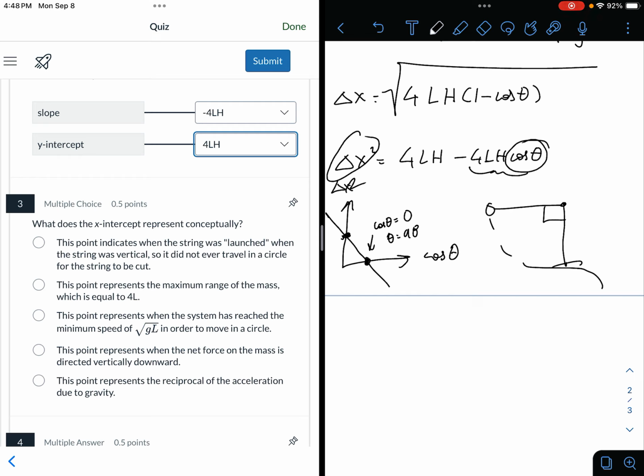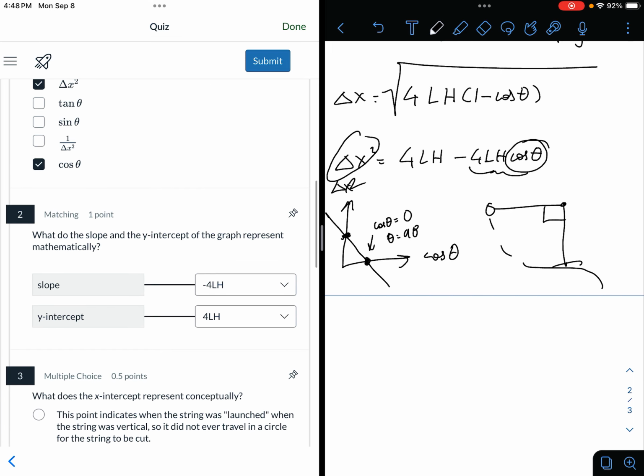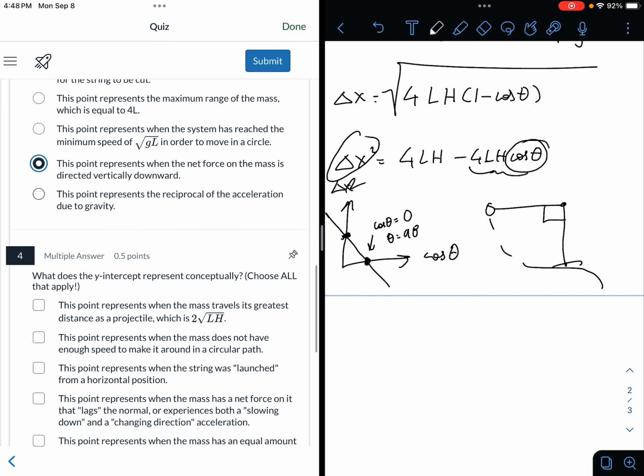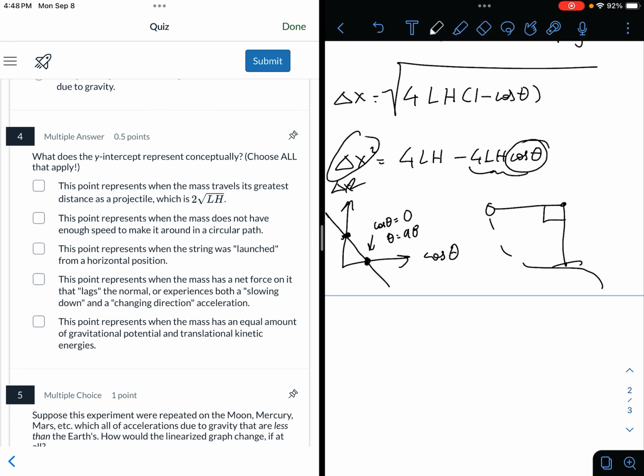So I'm going to say this. Wait, no, that doesn't make sense. I don't remember what that is even talking about. Let's do y-intercept first. Why not? So this point represents, oh, maybe.